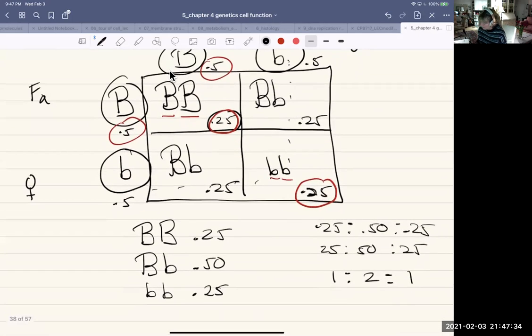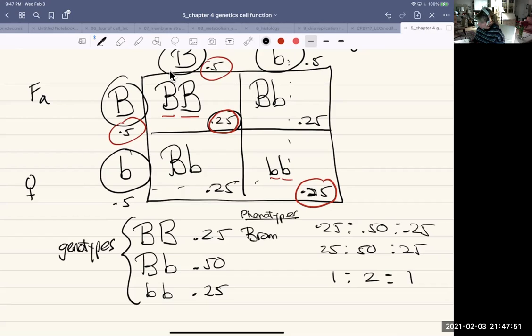And of course, these are all genotypes. Genotypes are just the combination of alleles. But the phenotypes are brown, brown, and blue.